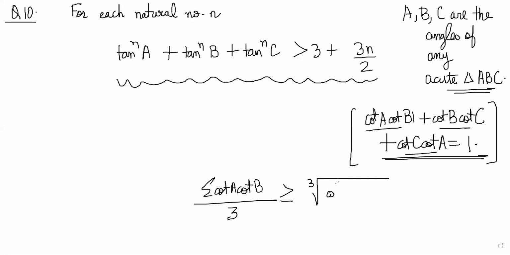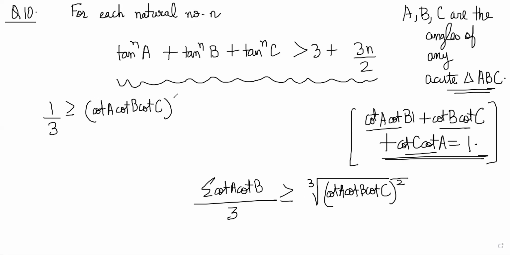So that will be cot A cot B cot C whole square, right? And the sum is actually 1. So we get basically 1 by 3 is greater than or equal to cot A cot B cot C to the power 2 by 3, right?